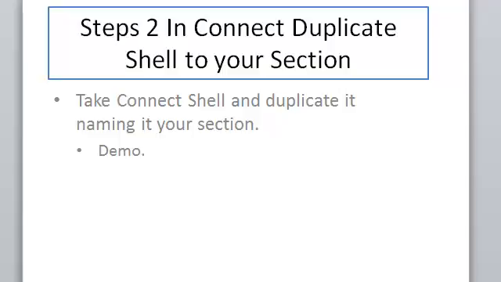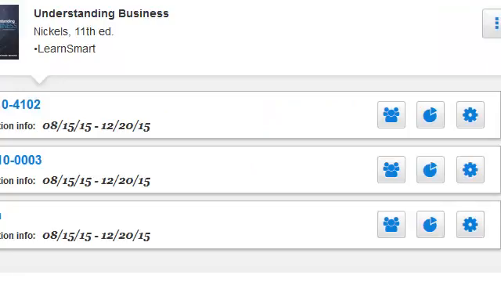So I'm going to pause it for a minute and we're going to go to... Okay, now I've logged into my Connect and you can see here's the Business 110, my various sections. Here's the master one. Yours may say copy. Notice I've already made a Business 110-4102, Business 110-003.